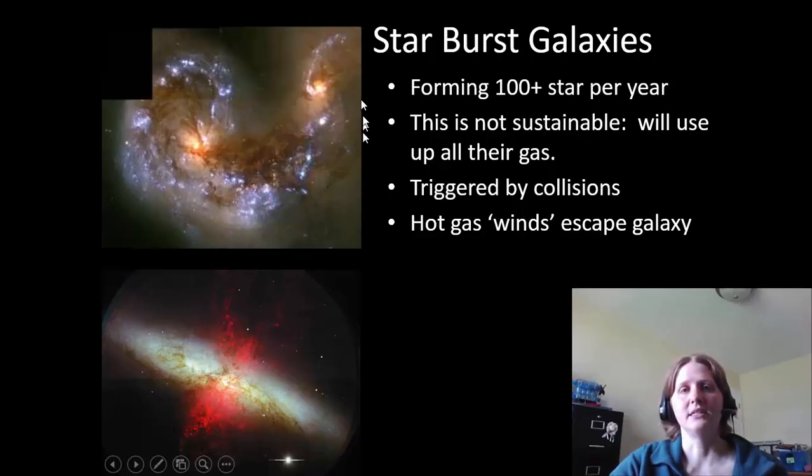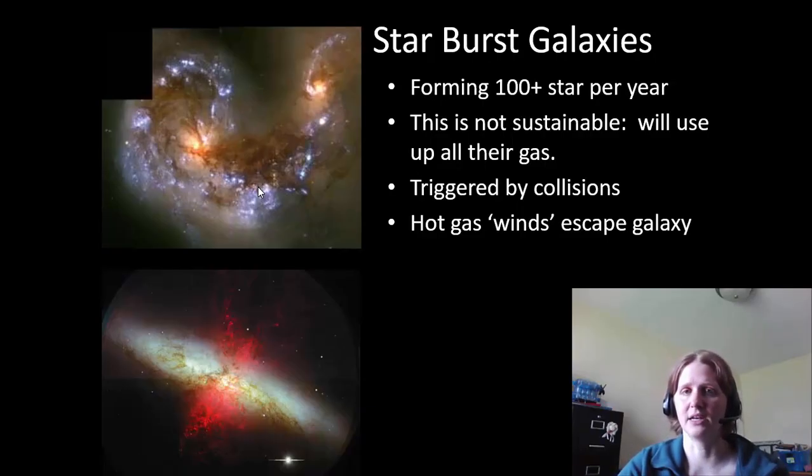These galaxies are going to be bright with blue stars during the collision, during that new star formation. But if you come back in 10 million years, 50 million years, all of the high mass stars that were formed are going to start to go supernova. And a supernova makes a hot bubble in a galaxy.